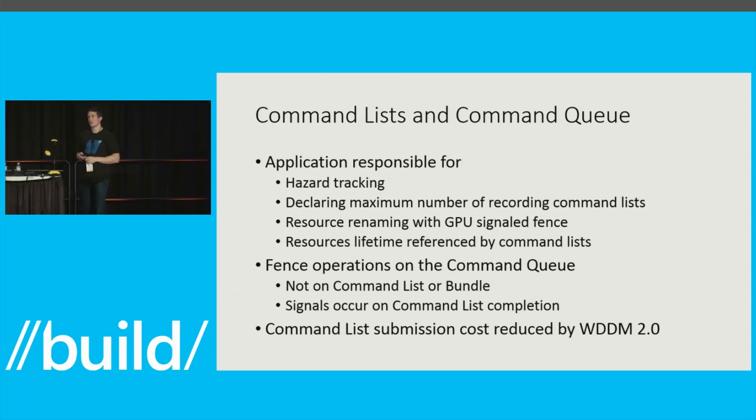Next, resource renaming. Similar to the hazard problem, in the 11 design, it's quite frequent to use dynamic constant buffers, dynamic vertex buffers, dynamic index buffers. Behind the scenes, there isn't one object for a dynamic buffer. There are actually multiple instances of GPU memory tracking every single buffer that was discarded.